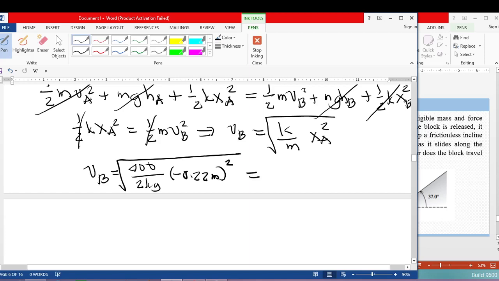So basically the answer is, dapat negative ni siya kay compression man. So the answer is 3.1 meters per second. That is the answer.